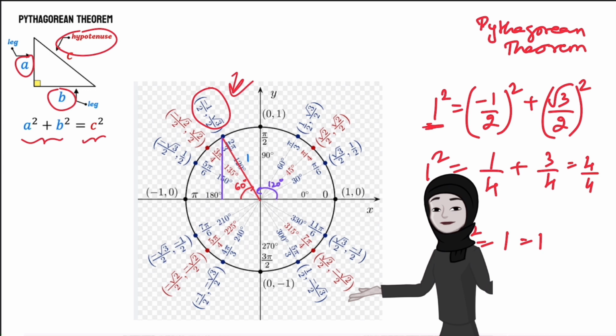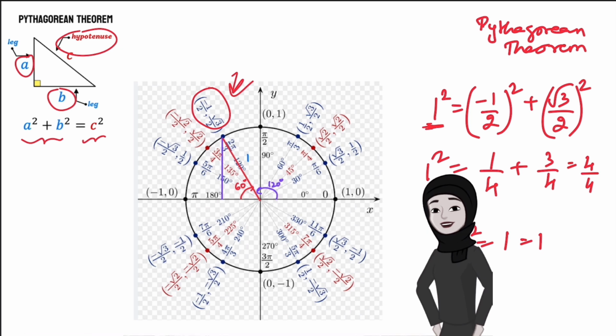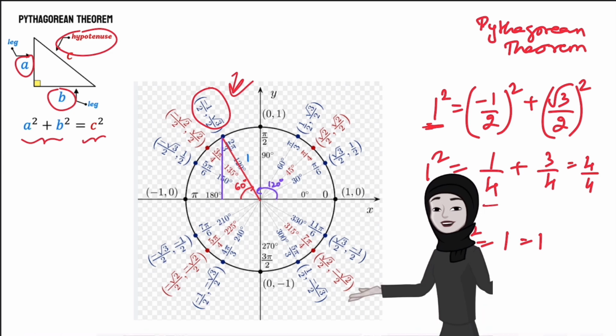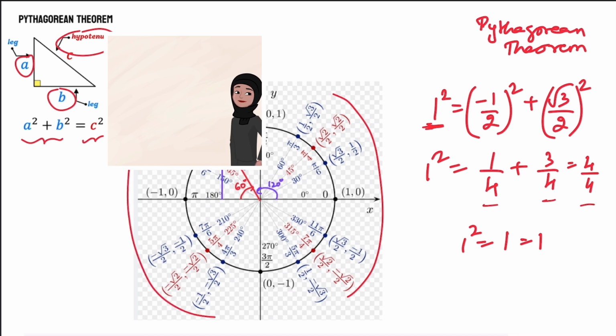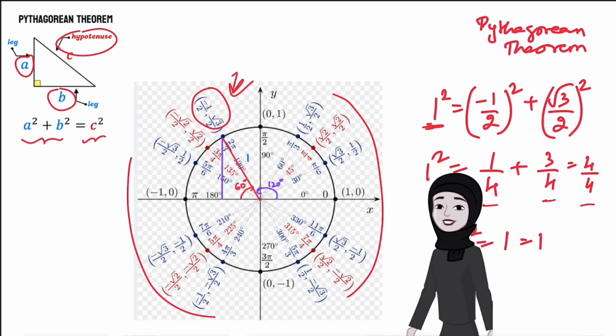Because the radius is always maintained as 1, that will always form the hypotenuse. 1 squared is equal to negative half squared plus square root of 3 by 2 squared. Negative 1 by 2 squared simplifies to 1/4, and square root of 3 by 2 squared simplifies to 3/4. When you add, you get 4/4, which is 1. So for any point on the circle, it works out using the Pythagorean theorem. Keeping a unit circle helps us to solve for the value of tan θ.